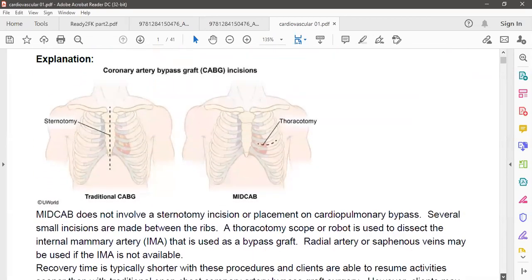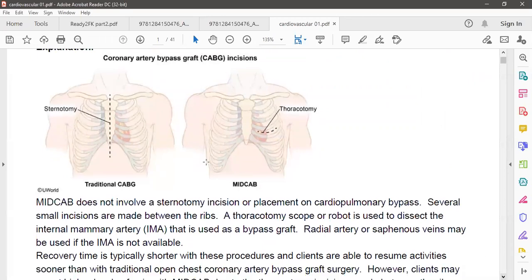In this picture, we can see the coronary artery bypass grafting incision. The first picture is the midline, this is the sternum. This is the traditional grafting, but right now we do the grafting in between the ribs. In between is called intercostal muscle.